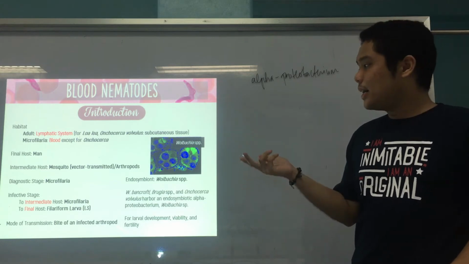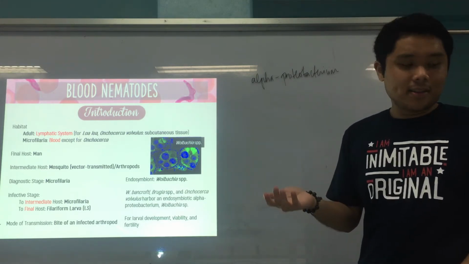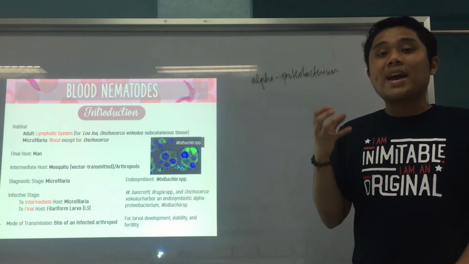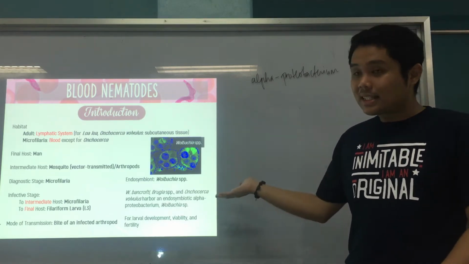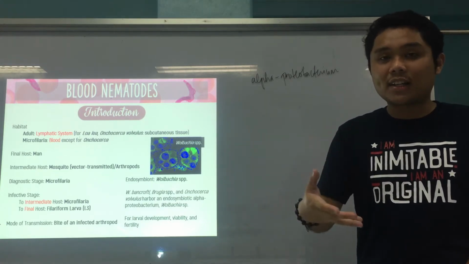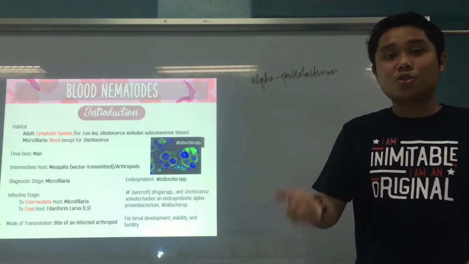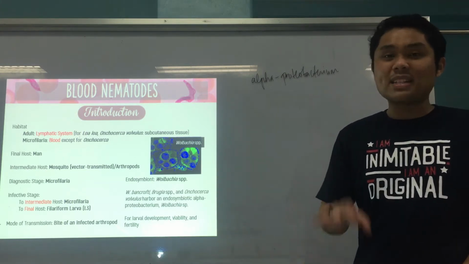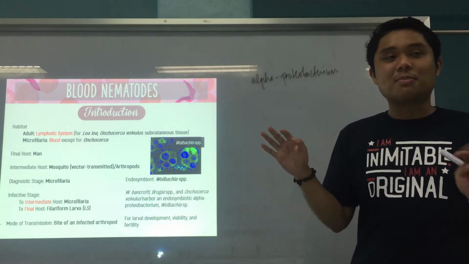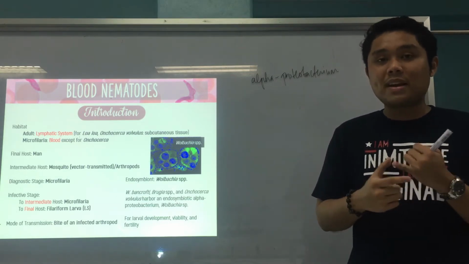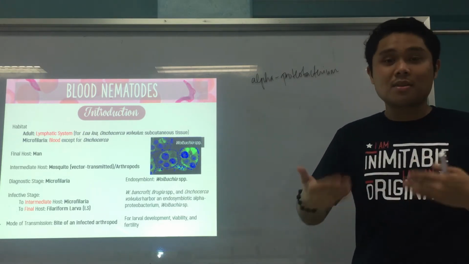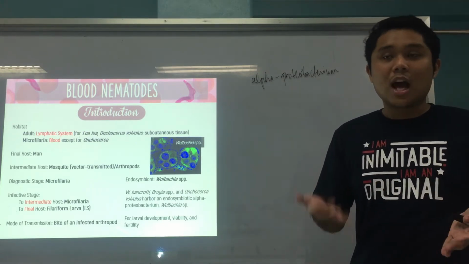That's why treatment for filarial nematodes also includes antibiotics against this bacteria. Aside from drugs that target the filarial worms, they also include drugs that target Wolbachia. Two birds are hit with the drugs: the filarial worms will be killed, and the endosymbiote, the bacteria that helps in the development of the filarial worms, will also be killed.